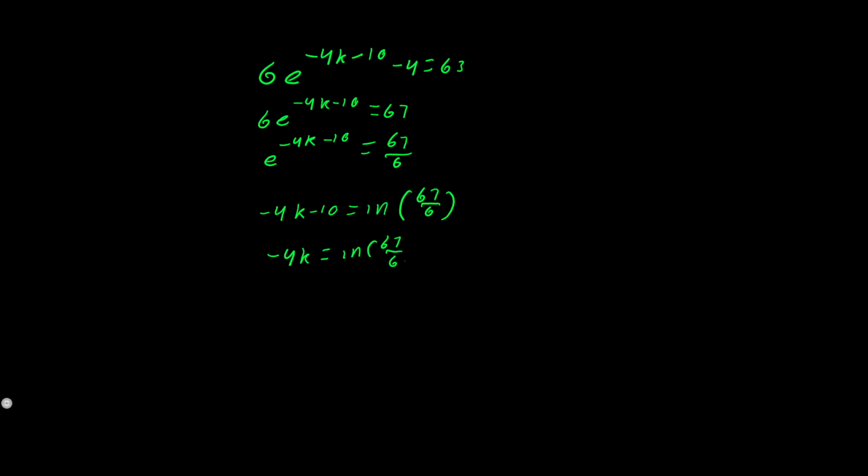And by doing so, we're going to get that k is equal to the natural log of 67 over 6 plus 10, divided by negative 4. And that is our solution to our equation.